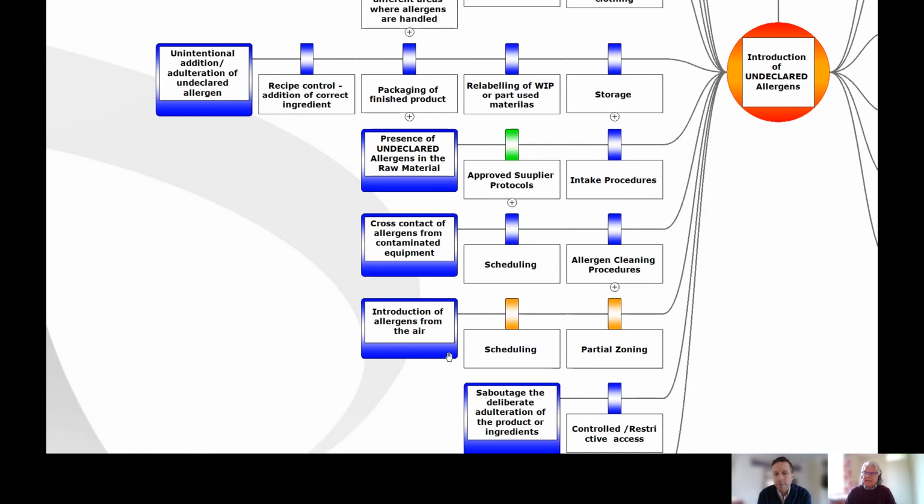However, when we look at things like the potential atomization of allergens, in terms of them being distributed through the air, we think about scheduling, or we haven't zoned it off correctly because we've forgotten to take the wall up to the ceiling. We then see that actually they may not be as effective as they should be.